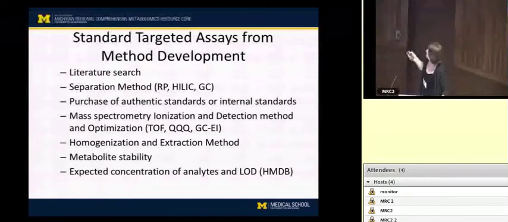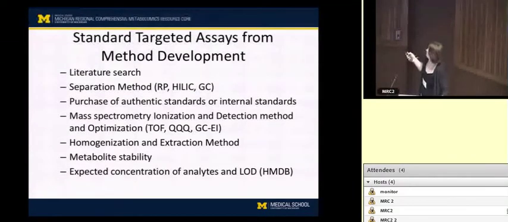But we would develop a method that was either TOF, so based on just the accurate mass, or if we need a little bit more sensitivity, we'll use triple quad. So that will get us more sensitivity, but I'll talk about what we have to do to get a triple quad method in place a little later too. Or GC if it's a compound that can be volatilized and is best detected that way.